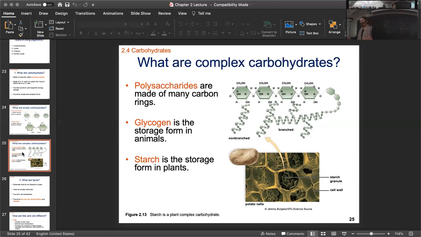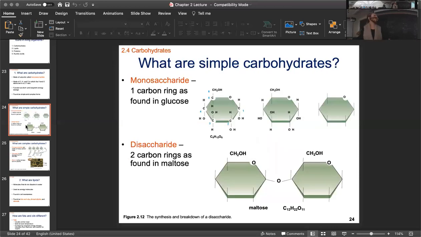Then we have a monosaccharide, which is that singular ring, as found in glucose. Glucose is a sugar. This is a monosaccharide right here. A disaccharide, di meaning two, is a two-ring sugar such as maltose.